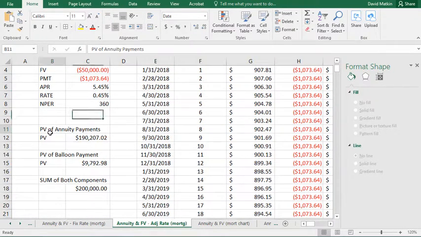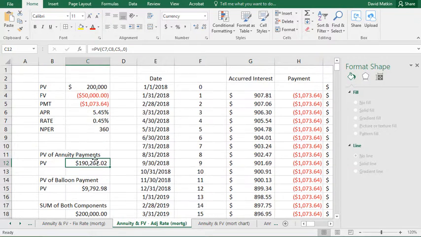So we could look down here at what my calculation is. Here's the present value of the annuity, which is $190,000 in change. And here's the present value of the balloon payment at the end, the $50,000. It's $9,792.98. The combination of these two together is the $200,000.